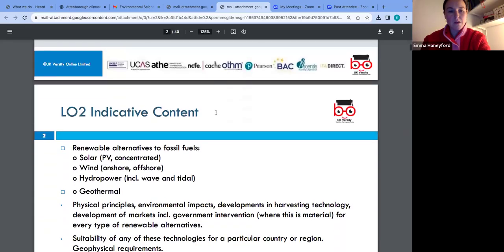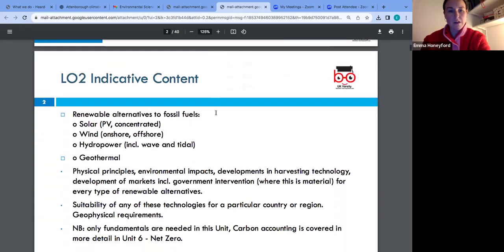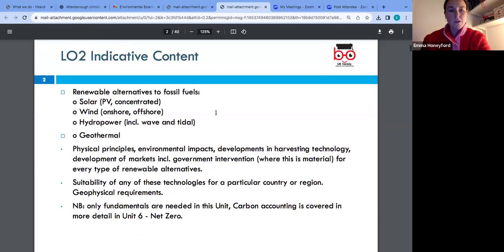Okay, so this is learning outcome 2, the indicative content. We have different renewable alternatives to fossil fuels. In the previous session we spoke about how the use of fossil fuels relies on carbon stored over time.